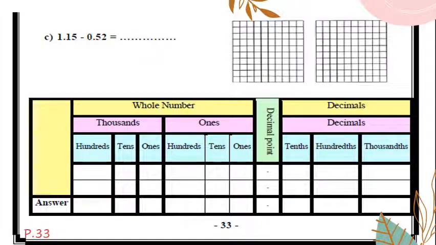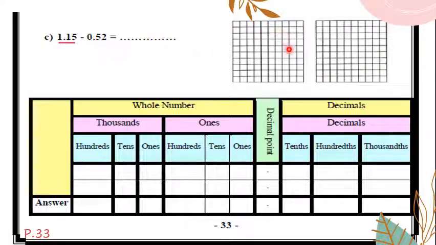Let's solve exercise C, page 33. Here I have 1.15 minus 0.52. I'm going to make a subtraction. First, I will use the modeling. So I'm going to color or shade 1.15 together.